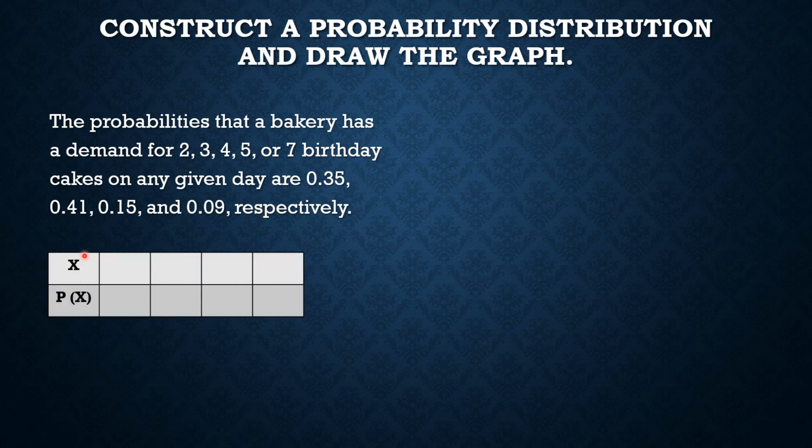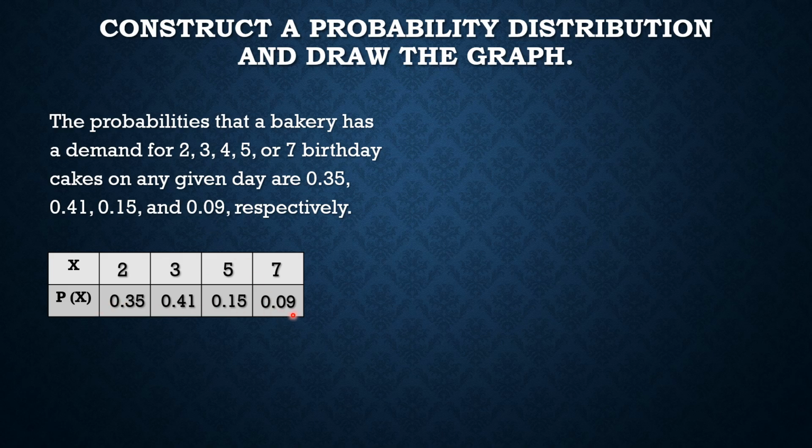So we have x here and the probability of the random variable x. So we have the values of the random variable 2, 3, 5, and 7. And then respectively, we have the probabilities of each value. So 0.35, 0.41, 0.15, and 0.09.